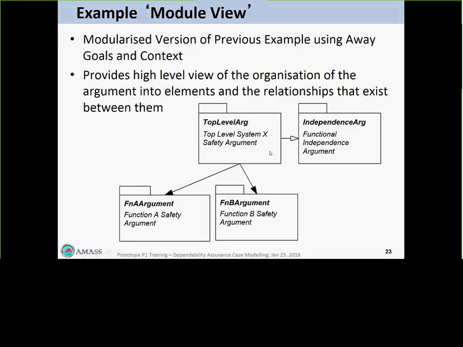So when we start creating the architecture of our arguments, we can say, this is an argument module. Inside here, I will have all my claims. And from here, I will decompose it into function A, function B. And all these should be in the context of all this.